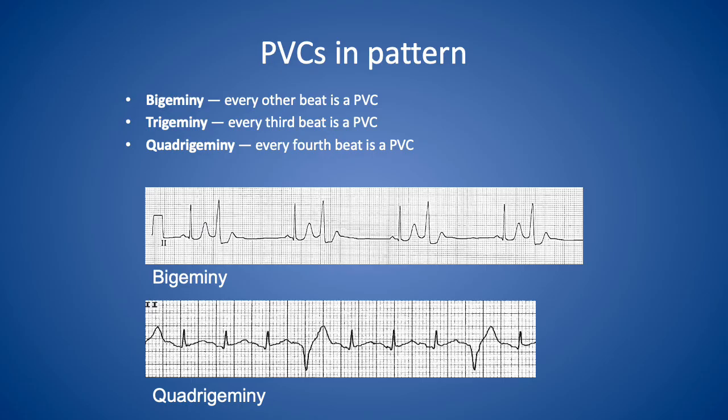For nomenclature, if we see every other beat being a PVC, we would say ventricular bigeminy. If we see every third beat as a PVC, then that's ventricular trigeminy or quadrigeminy, depending on how many beats the PVCs are.